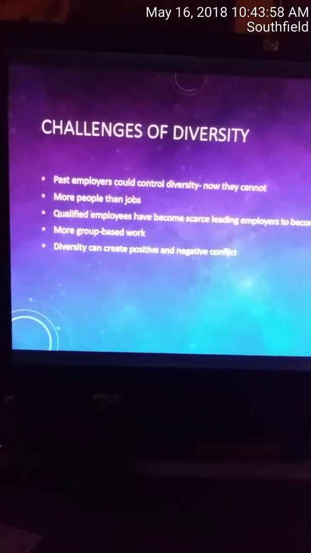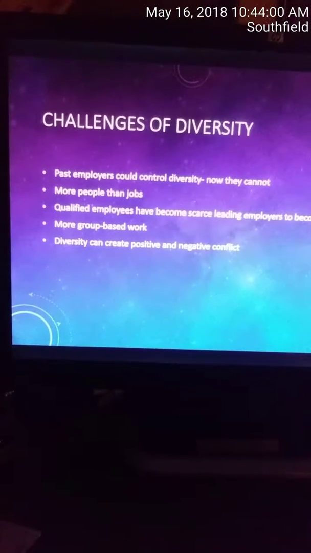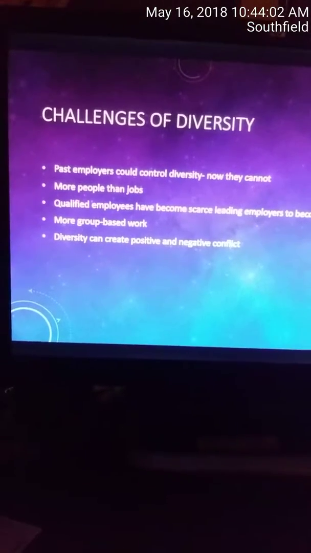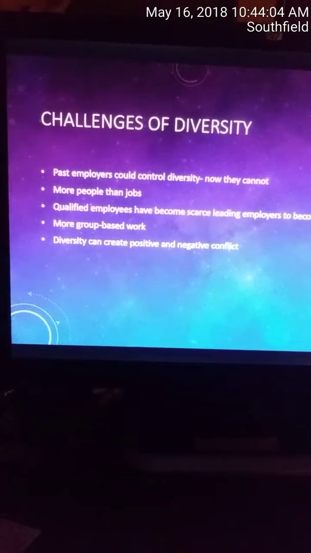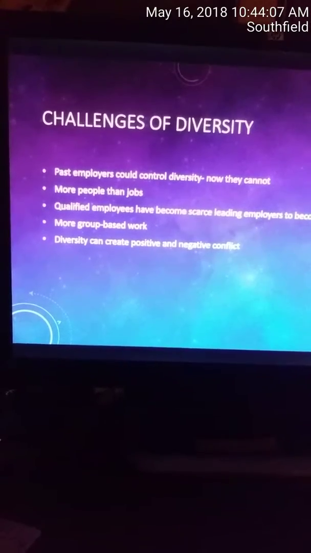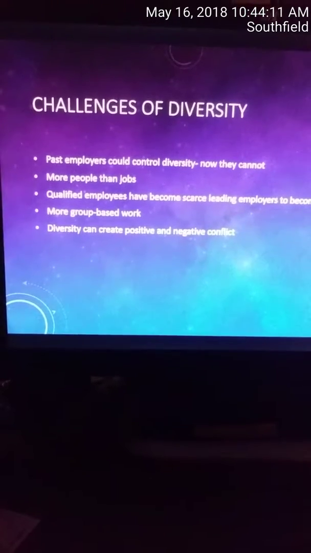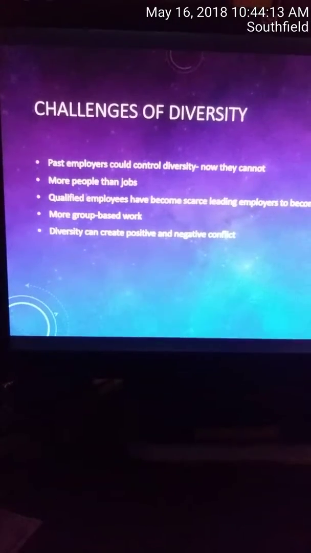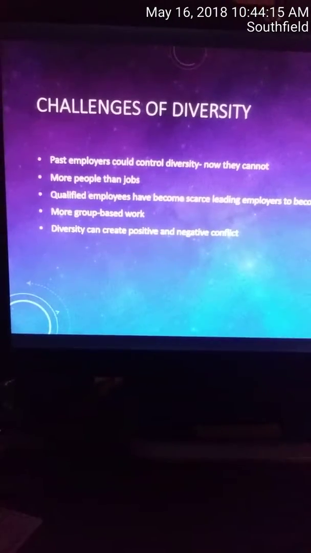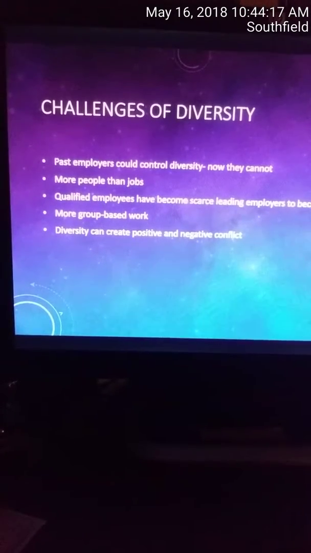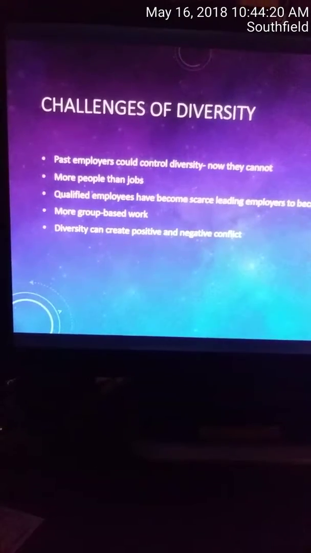So that's a challenge in diversity: being able to hire more diverse people in a limited job capacity. The next one is that qualified employees have been scarce, leading employers to be more flexible.